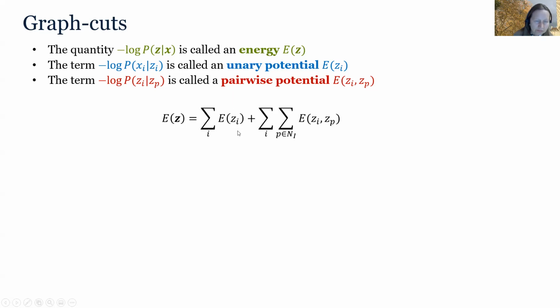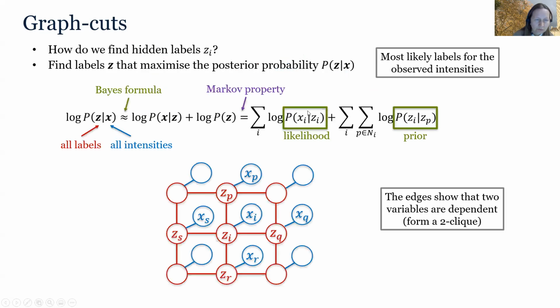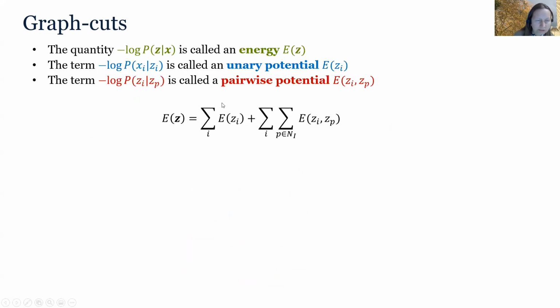Now this energy will consist of two terms. It just follows this equation here: it consists of the likelihood and the prior. So that will be rewritten as an energy. We will have the unary potential energy, that is the potential of each individual label. And this will be the minus log likelihood, the negative log likelihood, so the probability of the intensity given that particular label.